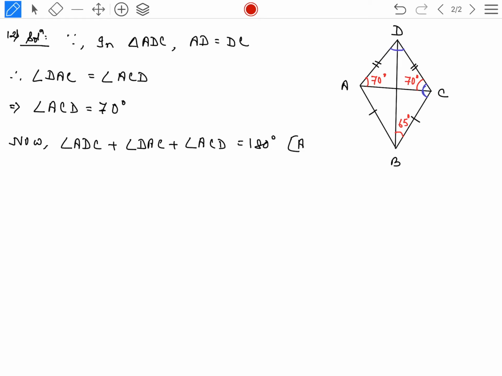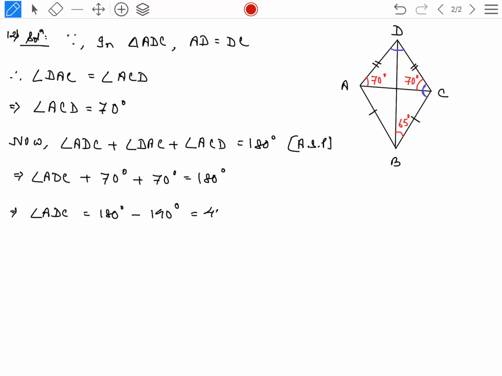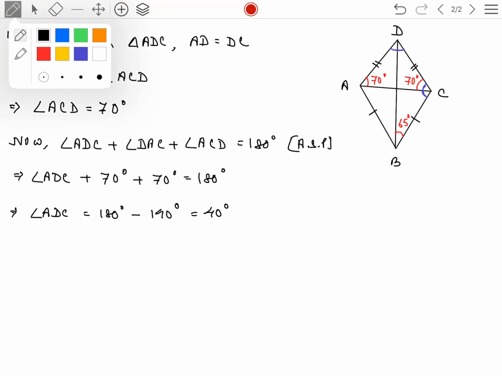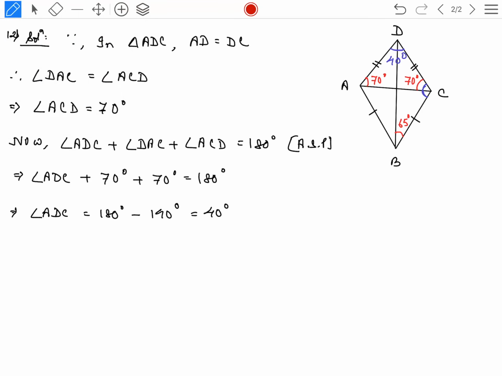Angle sum property. Okay, so from this we can find the value for ADC. In place of DAC we will put 70, in place of ACD we will put 70, 180. Okay, so that means angle ADC will be equal to 180 degree minus 140 degree. That is how much? 40 degree. So one angle we have already found. This angle it is equal to how much? 40 degree. This is done.